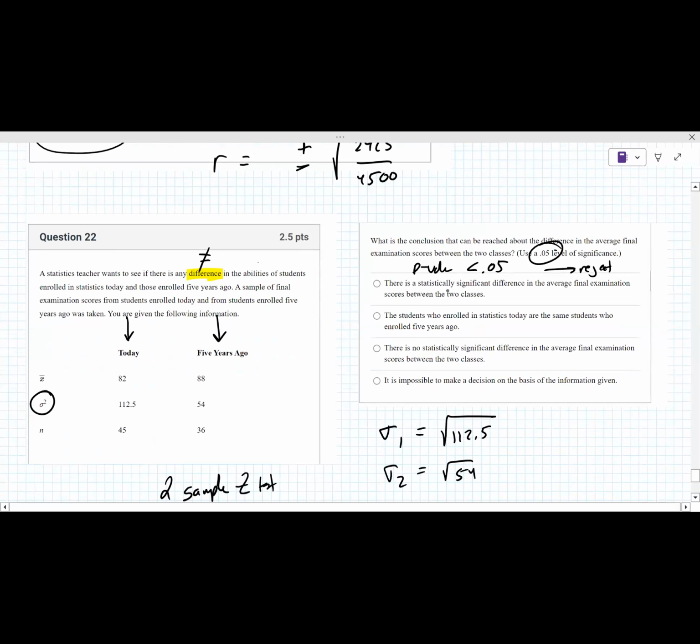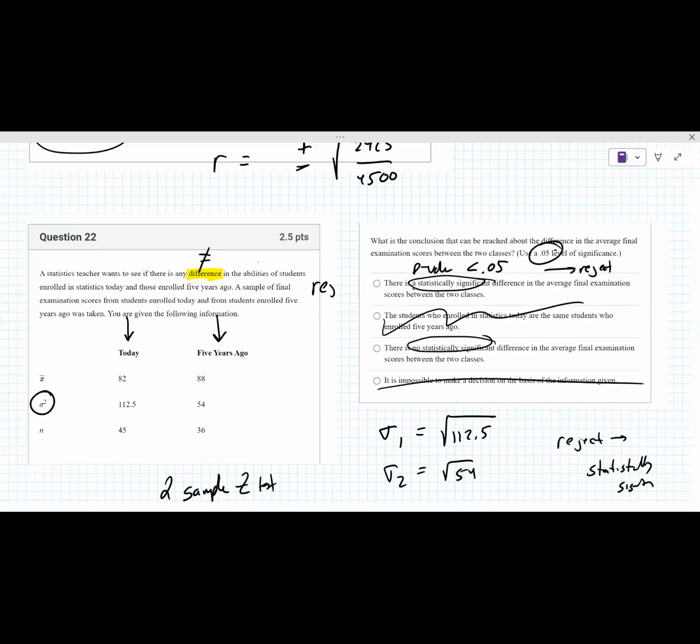Rejecting always means statistically significant. So there is, or there is no. That's the two differences. The other ones are garbage. If you reject, this is the reject one, and the other one is fail to reject. So it would be letter A.